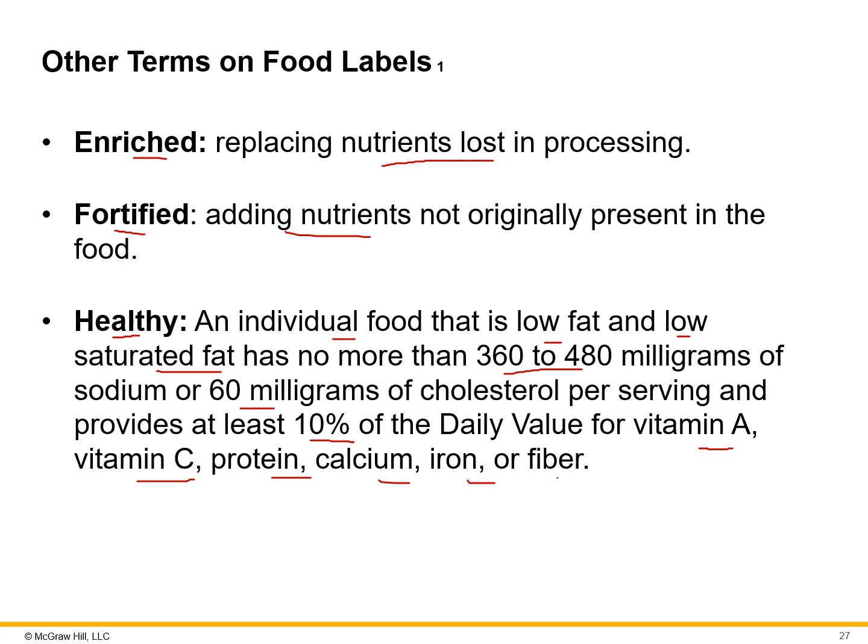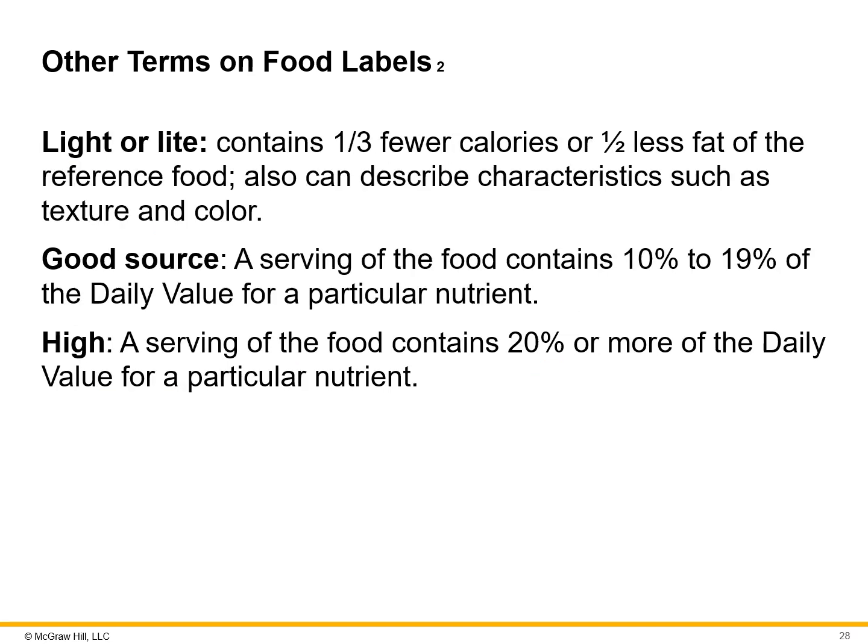So all of those have to be true for something to be listed as healthy. It's not just looking at one thing, but at all of this: the saturated fats, the sodium, the cholesterol, and some of the vitamins, proteins, calcium, iron, or fiber.